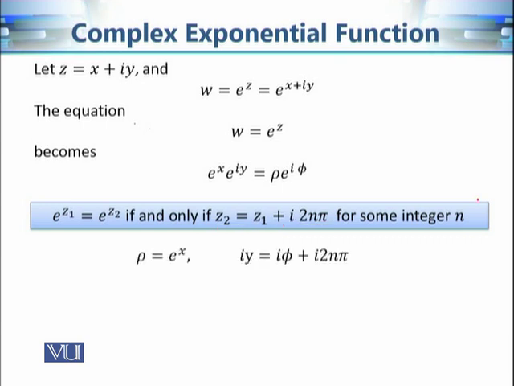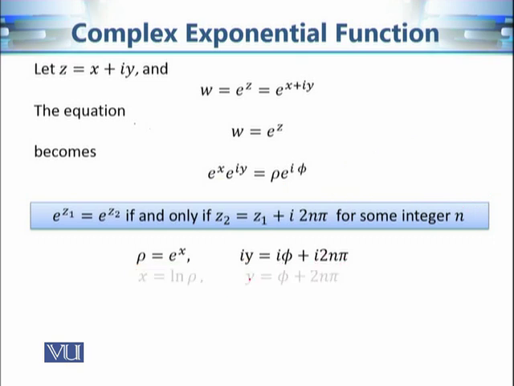So using this property, we can say that e raised to power x is equal to rho, because this is just the real part, and e raised to power iota y is equal to e raised to power iota phi. Using this fact, this implies that iota y is equal to iota phi plus iota 2n pi.